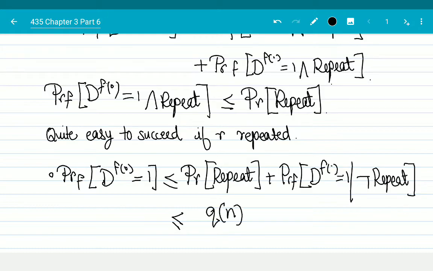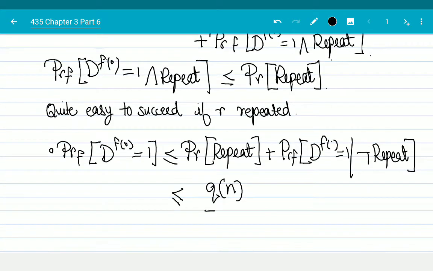So the probability of this happening is q of n over 2 to the n. And what is the probability of success if R did not repeat? Well, if R did not repeat, you're just making blind guesses, right? So you can say that you're succeeding or failing about half the time, because that is how much it should be. Okay?